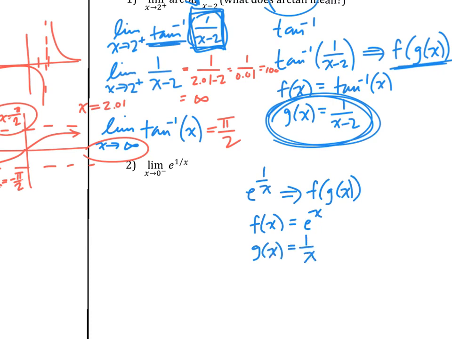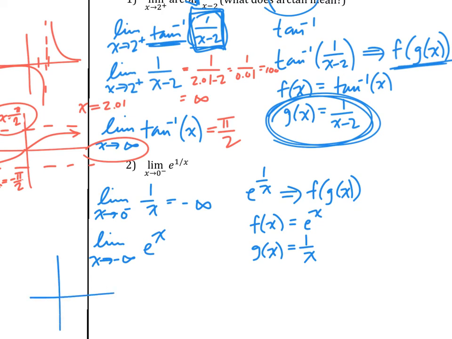We evaluate the inner function first. 1 over x as x goes to 0 minus is negative infinity. Then you take that negative infinity and evaluate it with the outer function. e to the x is like this. When it's going to negative infinity, it goes to 0. So then the limit is 0.